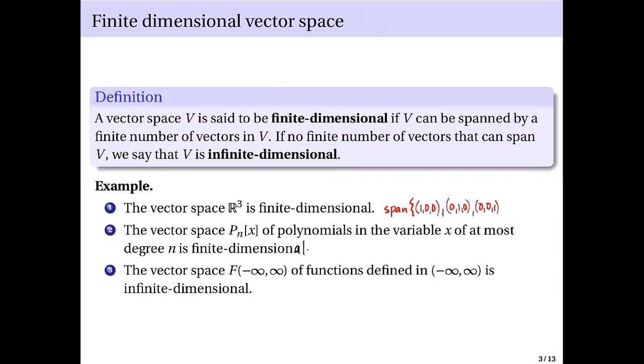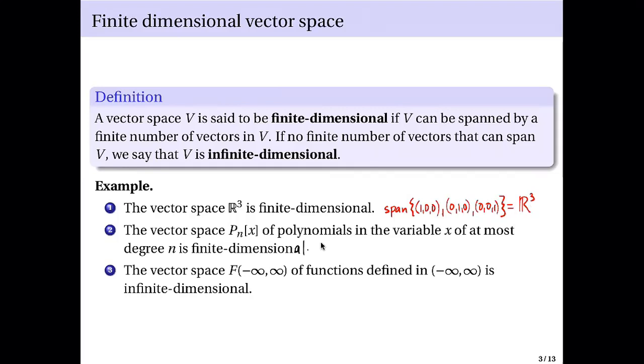If you get the span of this, you will get the space R3. So these three vectors are enough to generate all of the elements in the vector space R3. So the span of this is equal to R3.